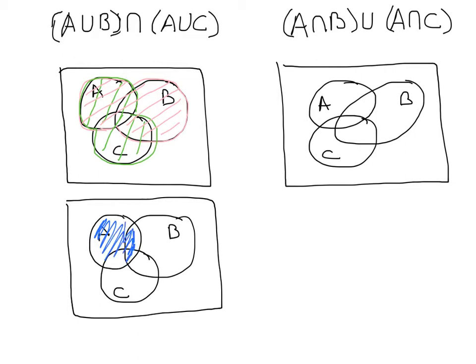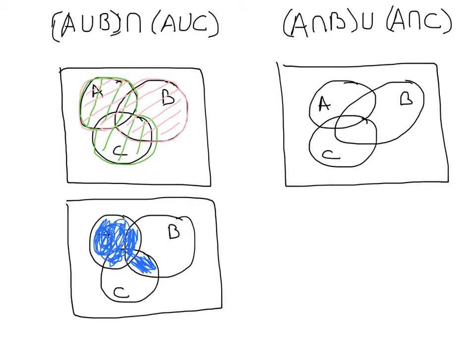Color that in. And this little space here, they also overlap. So we can color that in too. So this is A union B intersected with A union C.